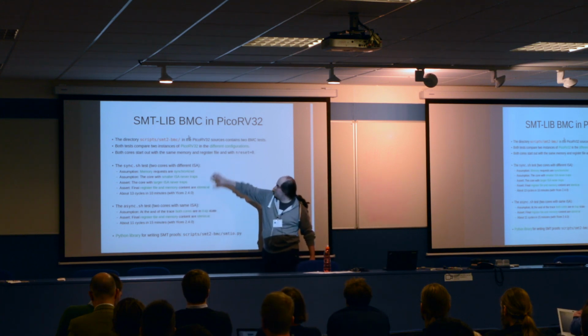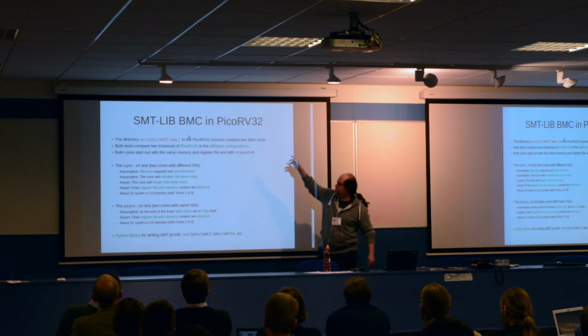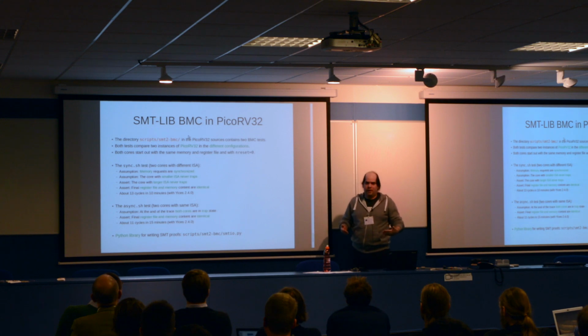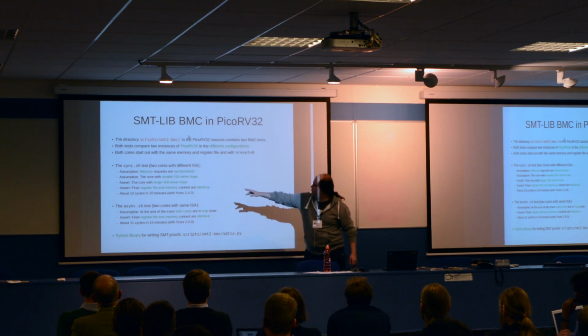I have these two tests here, and one is the synchronous test, which says I instantiate two of those CPUs, run them in parallel, say they must start out with the same memory content, with the same register file content, and with the reset enabled. And then I see if they do the same. When I run them synchronously, I can simulate like 13 cycles in 10 minutes.